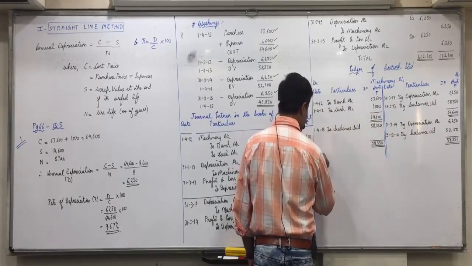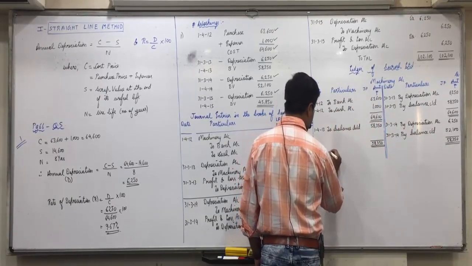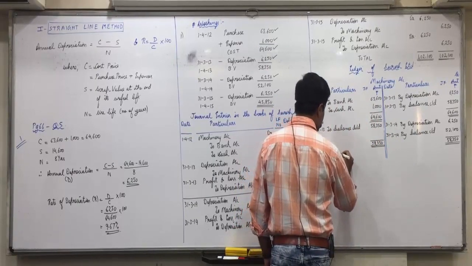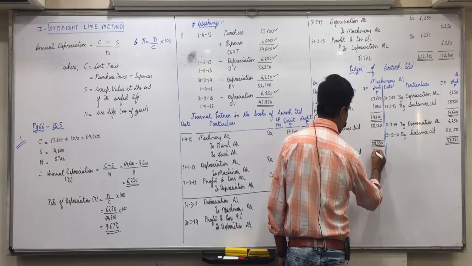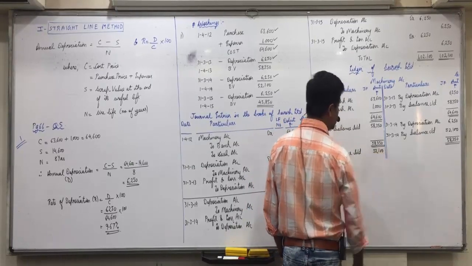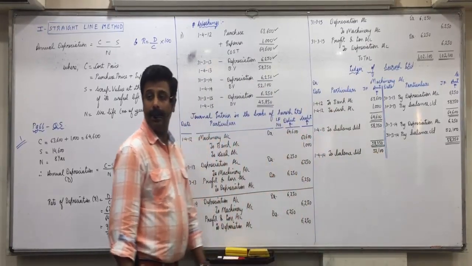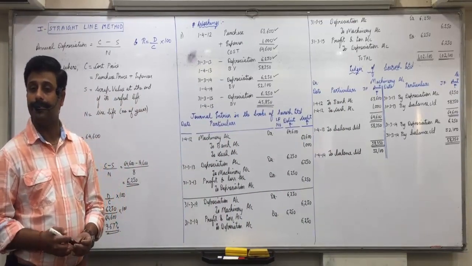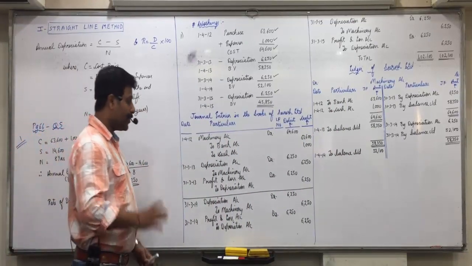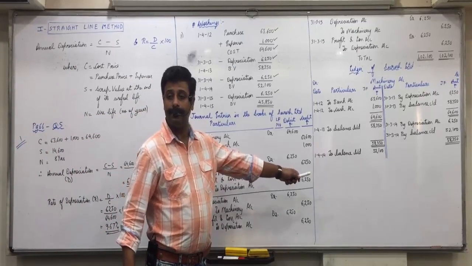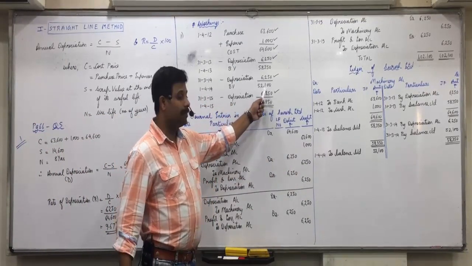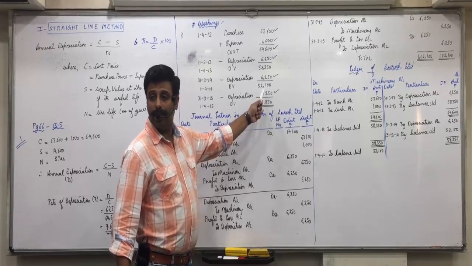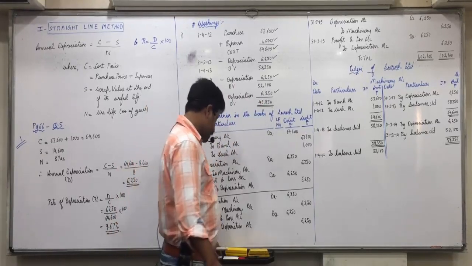Opposite side, 1/4/14, to balance brought down 52,100. Did everyone understand this? Okay, it should match with the book value. See the book value on 1/4/14, what is it? 52,100. Is everyone clear with it?